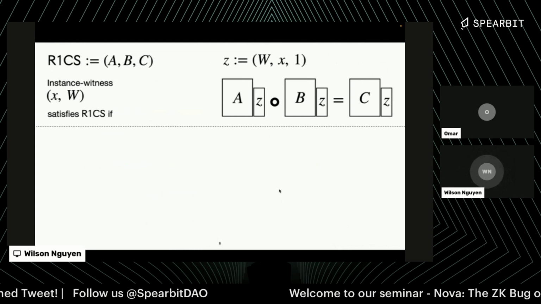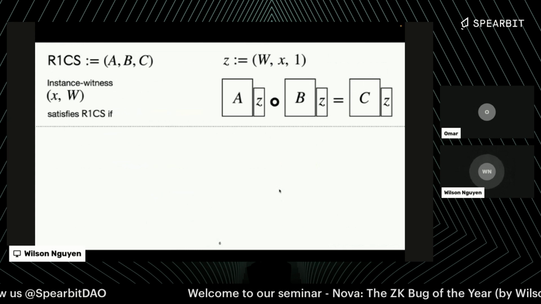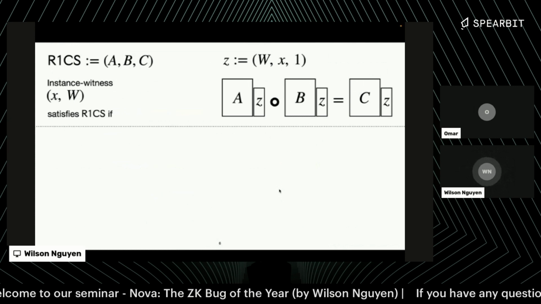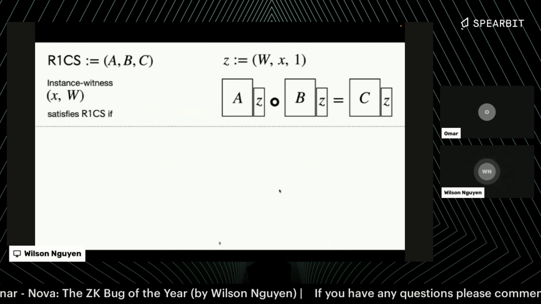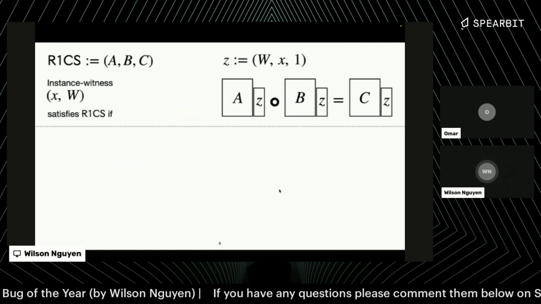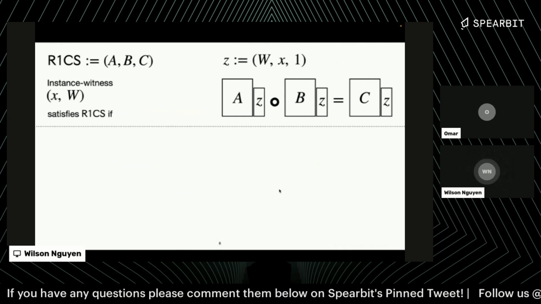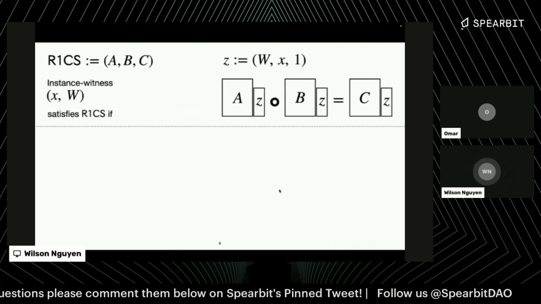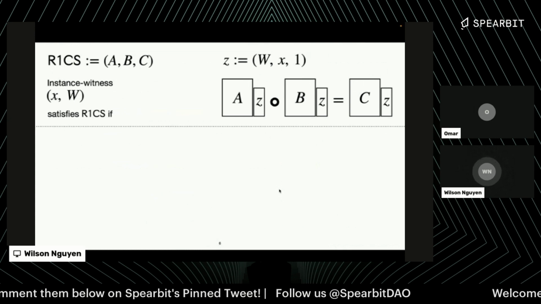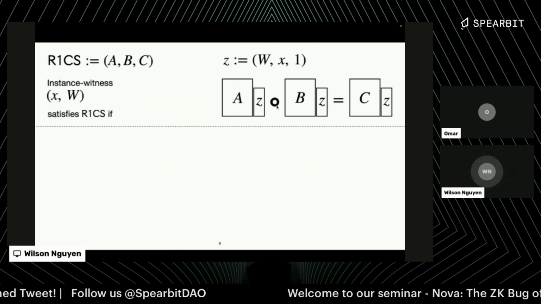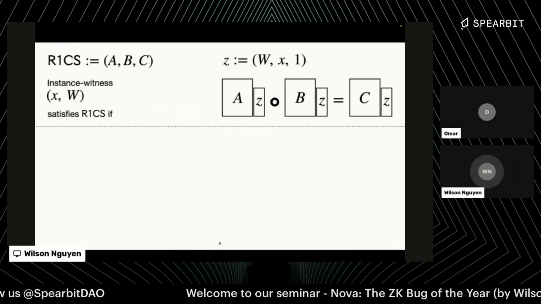An instance witness pair (X, W) satisfies this constraint system, which consists of 3 matrices, if they satisfy the equation on the right, in the sense that the matrix vector product AZ, Hadamard product BZ, equals CZ. You can think of the Hadamard product, which is that little circle here, as component-wise products.